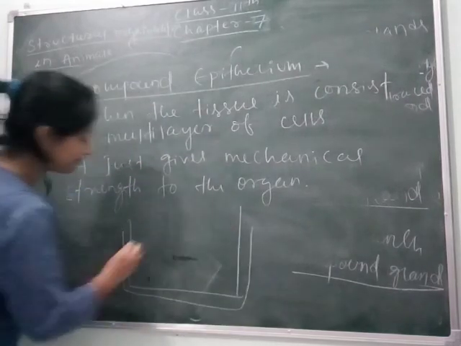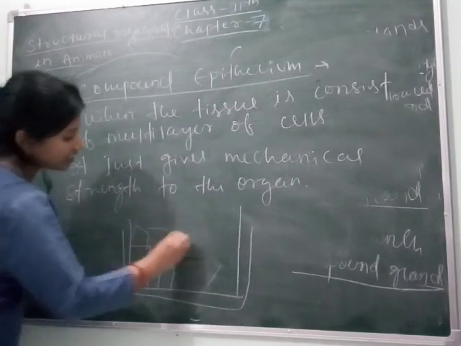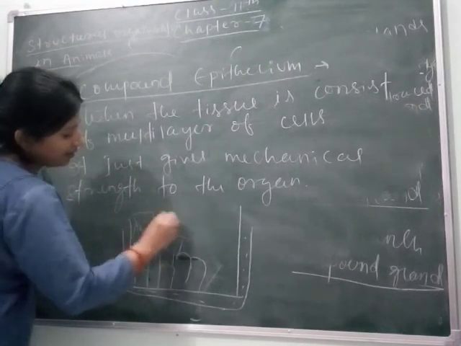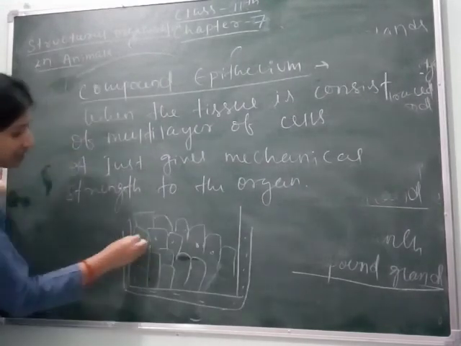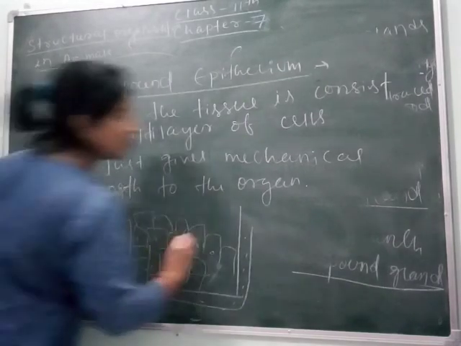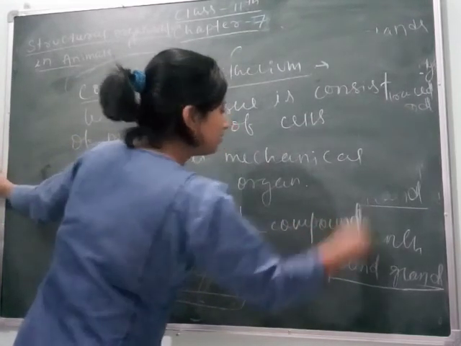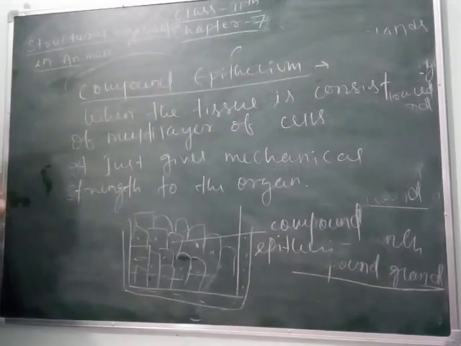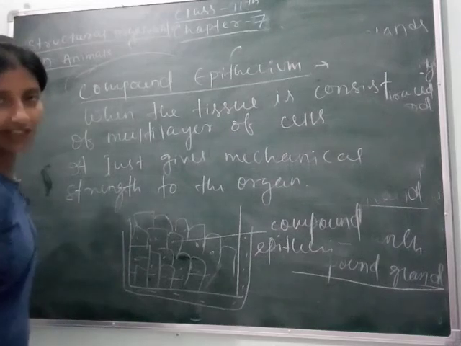This is the basement membrane and these are the cells arranged in multiple layers. So this is a compound epithelial tissue. So students, this is the completion of epithelial tissue. In the next class we will study connective tissue.